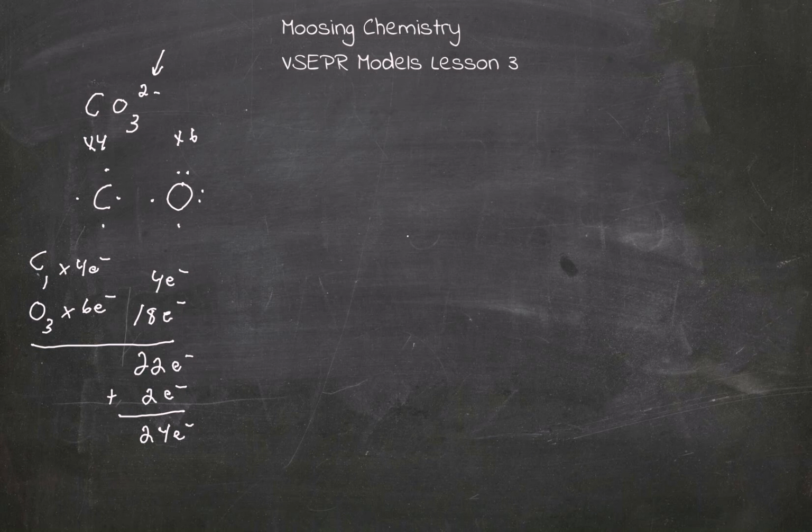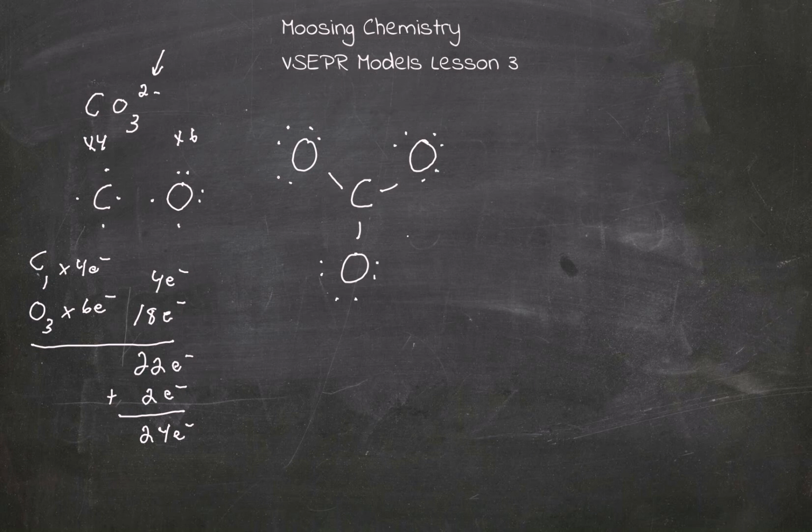All right, so now we want to put, again, like the last one, carbon in the center. And this time I'm going to be a little bit smarter about it. I'm just going to put a 0 there, a 0 there, and a 0 there. So we're going to bond 2, 4, 6, 8, 10, 12, 14, 16, 18, 20, 22, and 24.